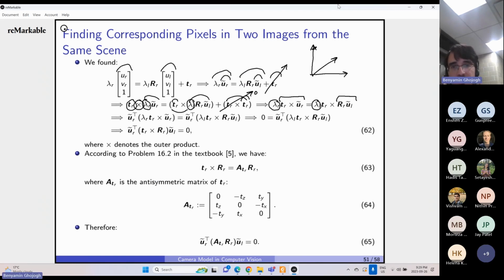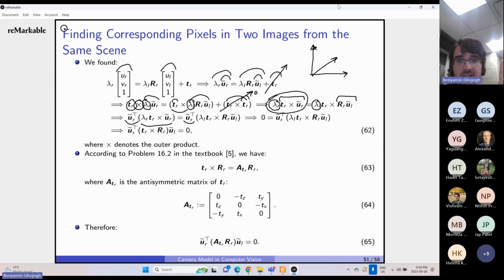Then I left multiply the sides by UR tilde transpose. Basically, I have an inner product of the sides by UR tilde. UR tilde transpose means the inner product between UR tilde and this, right? If you don't know what inner and outer products are, just Google them. You can find their Wikipedia pages. It's easy, nothing complicated. Okay, so you have UR tilde transpose on the sides. Why do I do that? Because this term is a pain in the neck.